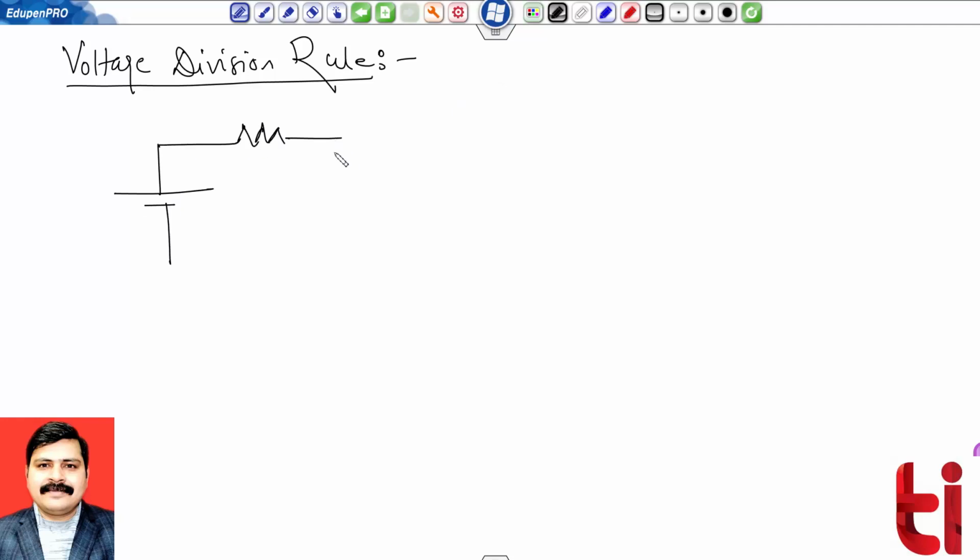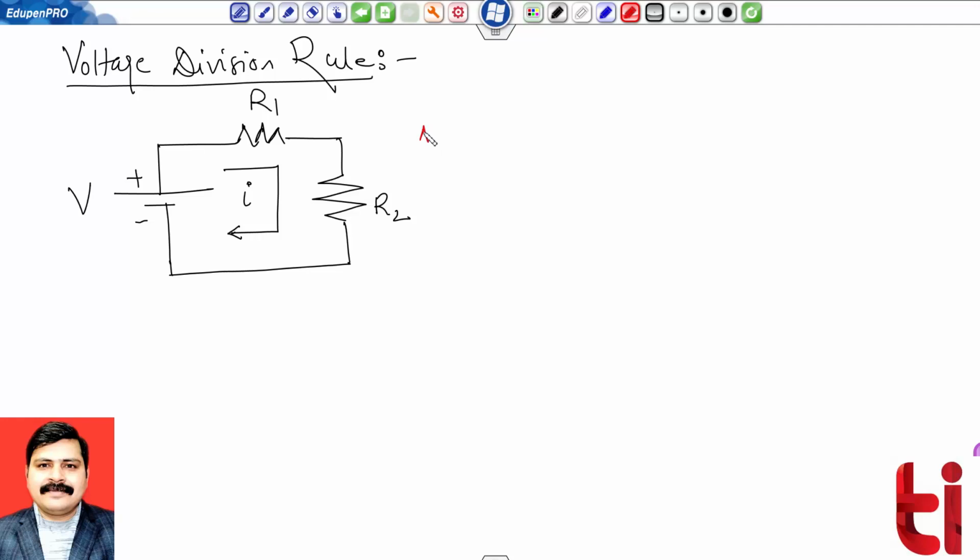For simplicity, I am using two resistances only, both connected in series, with external voltage V, resistances R1 and R2, and current. And I am interested to find this V2 and V1.